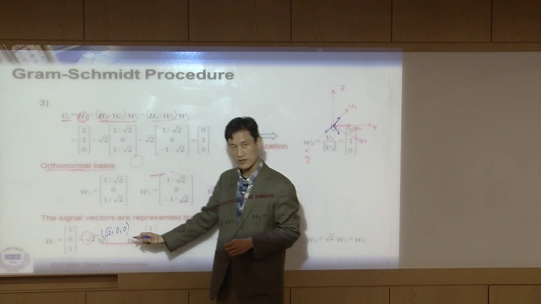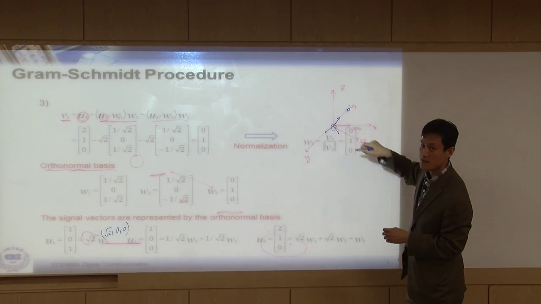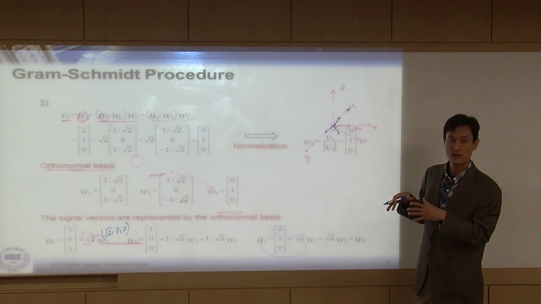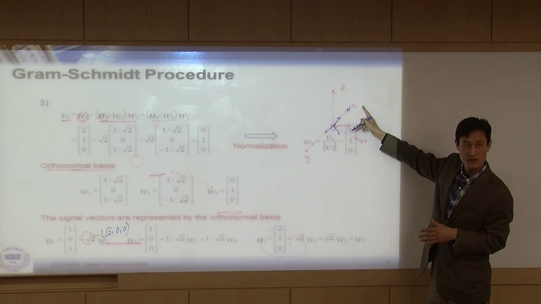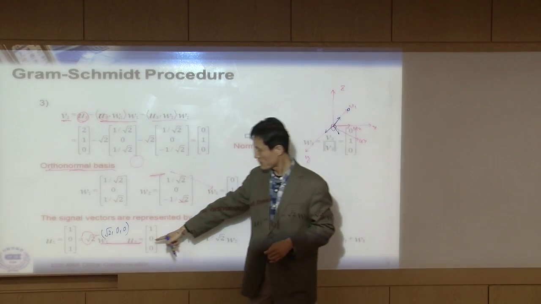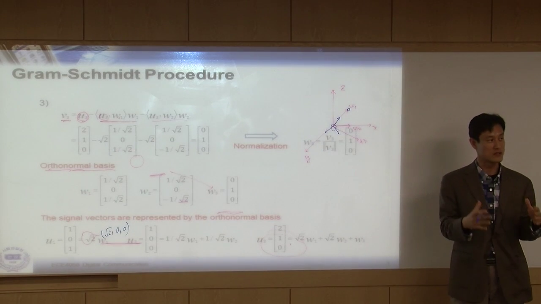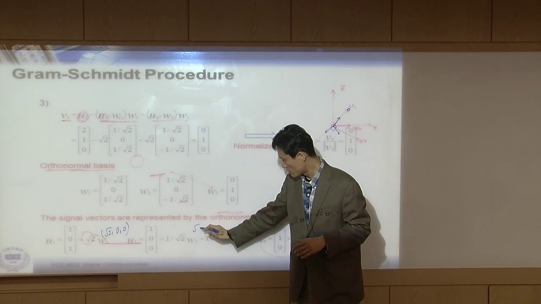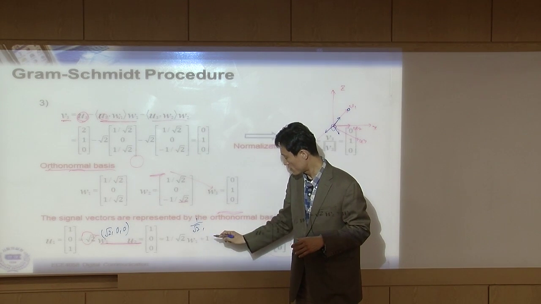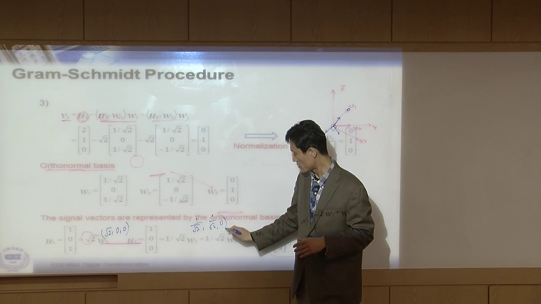That's the position of U1 in the new axis, the new x, y, z. Actually, U1 is on the x-axis, right? So that's the position of U1 in the new xyz. Same here: this is 1 over root square 2, 1 over root square 2, 0.